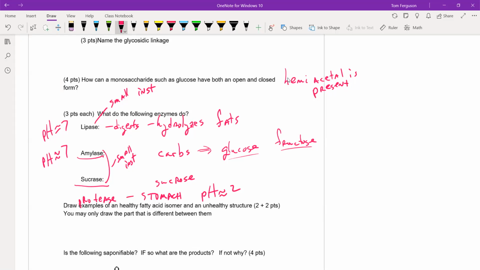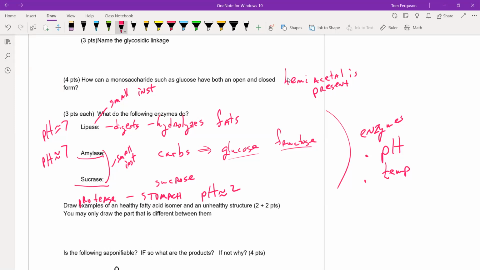We're going to talk a lot about enzymes. And basically, there's something called activity associated with an enzyme, and that's how well it works. Enzymes require a certain pH and a certain temperature to function properly.